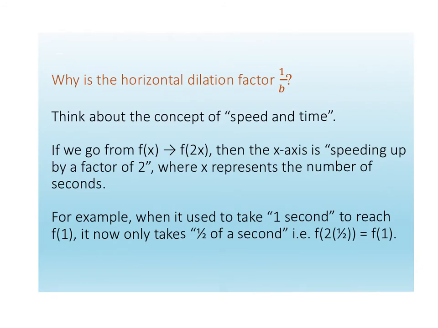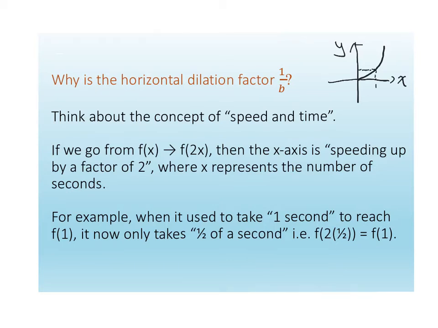Looking at a concept of speed and time. If we go from f(x) to f(2x), why do we use 1 over b? The x-axis is actually speeding up by a factor of 2. Think of it as if I draw y and x, and I go up there. Let's say this is 1, and I want to dilate it.